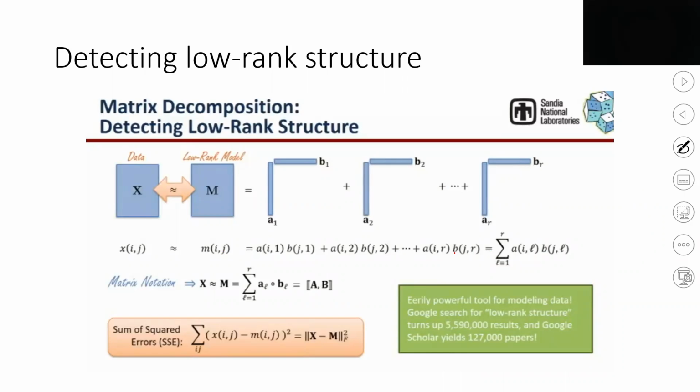Okay, so these are different ways to write this. Use combinations of vectors. So then you have a matrix, you have vectors A1 and B1, the multiplication of this plus that plus this to give you the approximation of the original data.